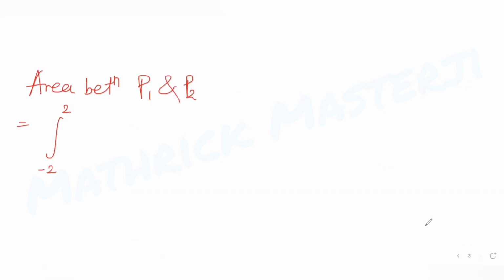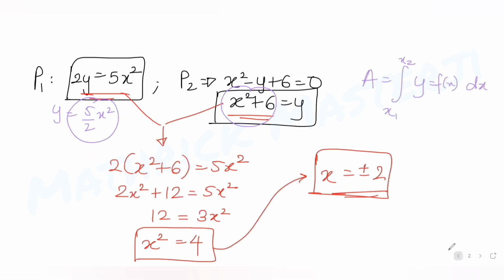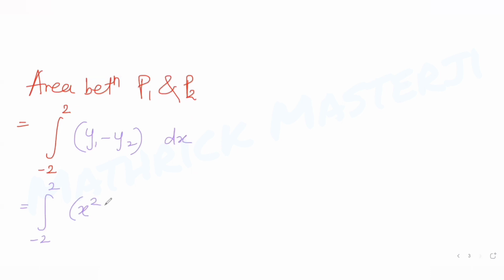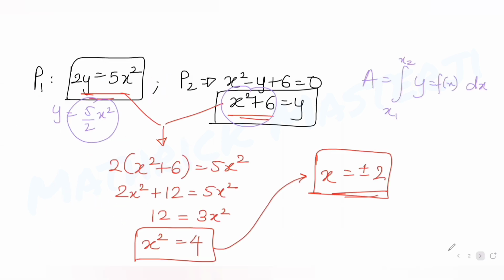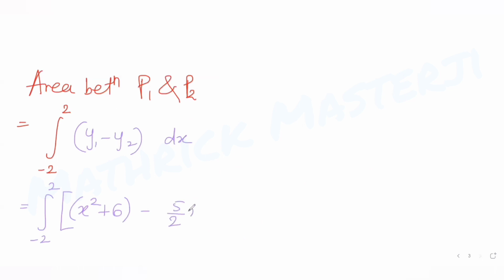Whenever you have to find the area between two regions, you do y1 minus y2 dx. So from minus 2 to 2, y1 is the bigger one, the upper one, x square plus 6, minus the other one, 5 by 2 x square. Let's see what we get.